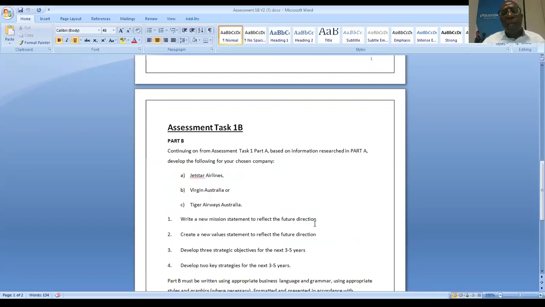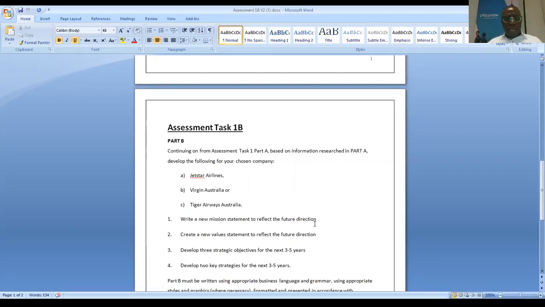In task 1, we are assuming now you have chosen your airline, you have done a market analysis, and like you said, market analysis, you're telling us how big that industry is, who are the players in there, the competition, and what gives that airline an edge. So you have done that, you've done your SWOT, you've done your PESO, and now we are on to 1B. What do you need to do?